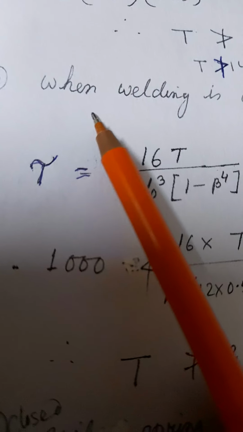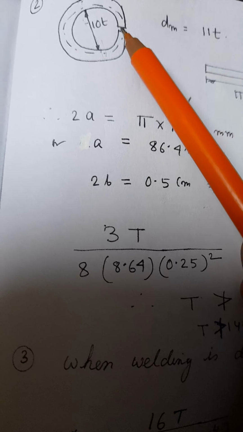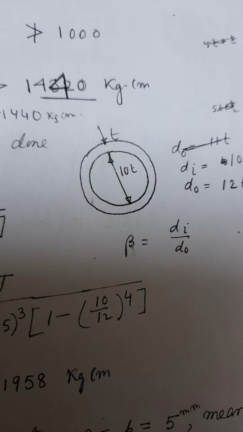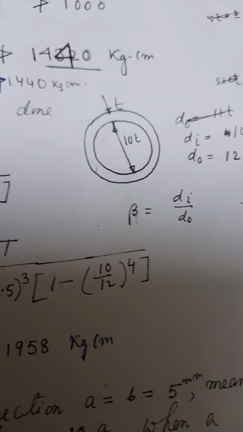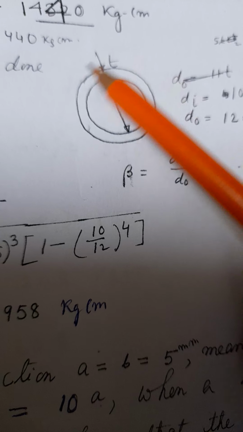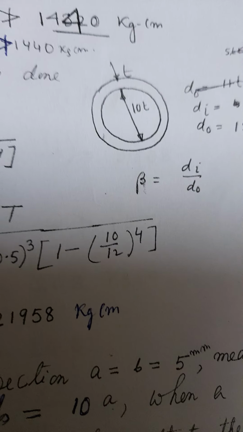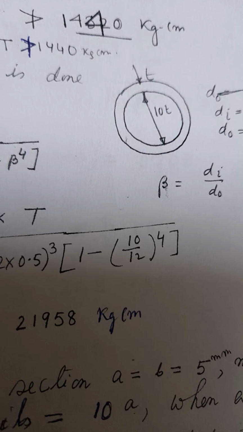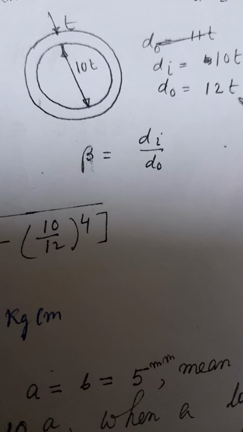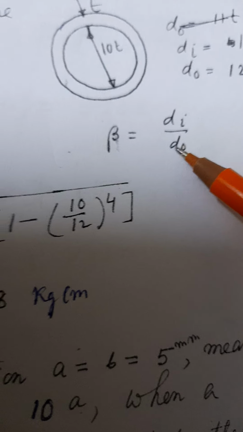Number 3. When welding is done on this section, there is a small cut here. If it is welded here, then it becomes this one. Now this is not a formula for the narrow rectangle, but this is a hollow shaft of internal diameter 10t and outside diameter 12t. So beta is equal to di by d naught.